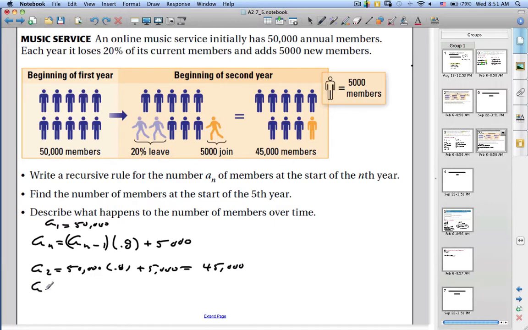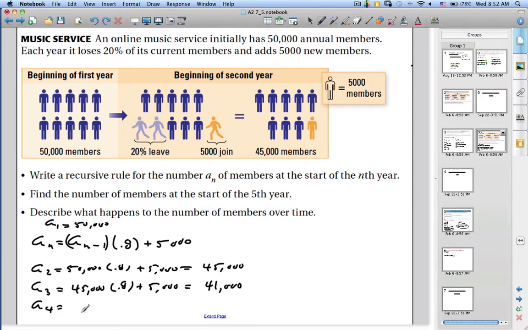Right, now if I want to do a sub 3, that's going to be 45,000 times 0.8 plus 5,000. So in this case, it's going to be 36,000 plus 5,000. That becomes 41,000.